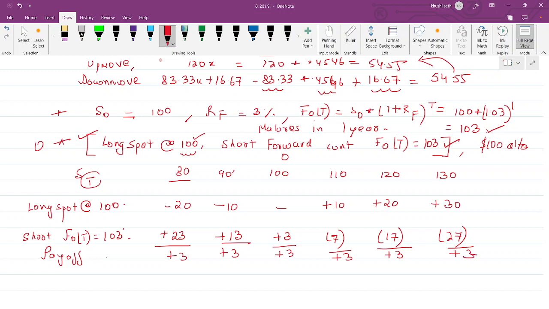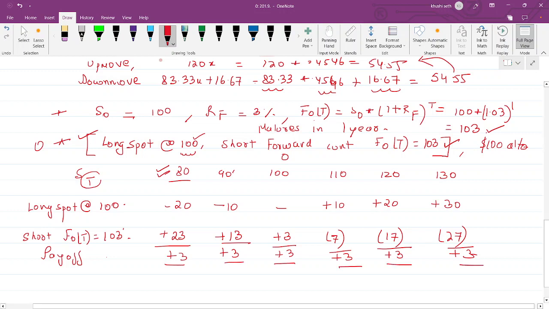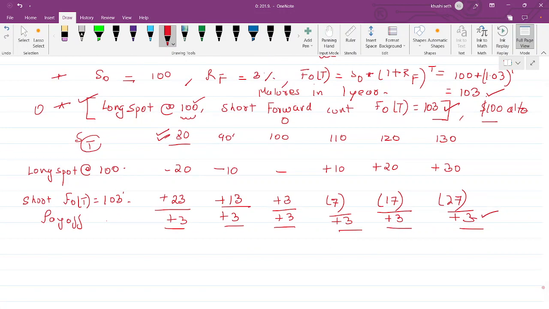So irrespective of what the price of the underlying is in 1 year, I'm always going to make $3 on this particular hedged portfolio, right? So I'd invested $100 at time zero, and I gain $3.